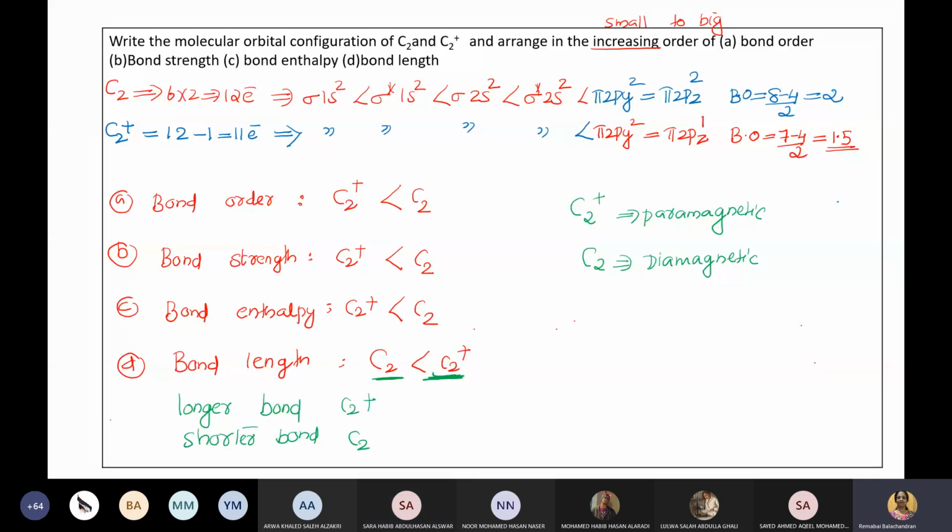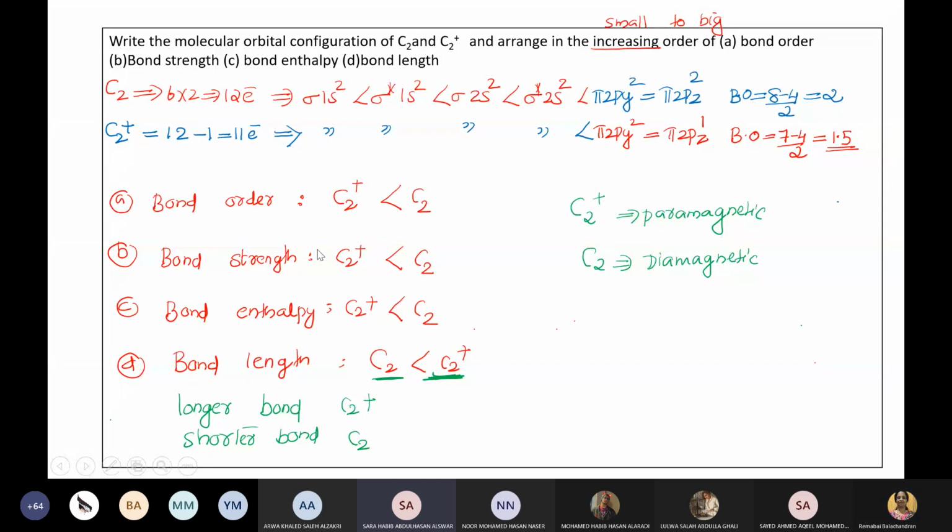Okay, it's clear. Now it's okay for you? Can you repeat? Yes, dear, tell. Which part? This part? Dia and para? No. Bond order.